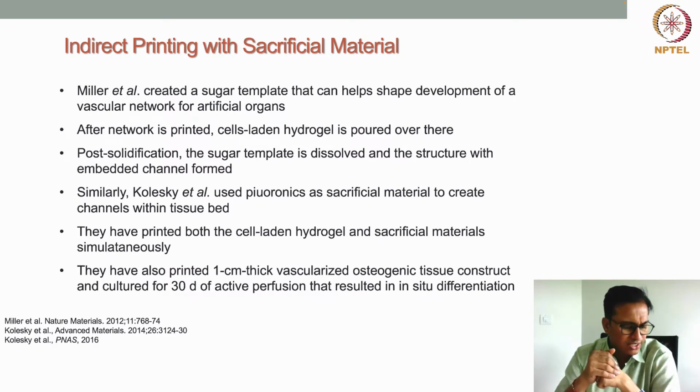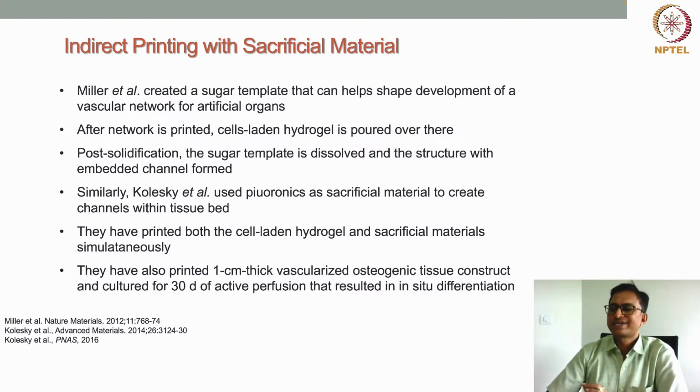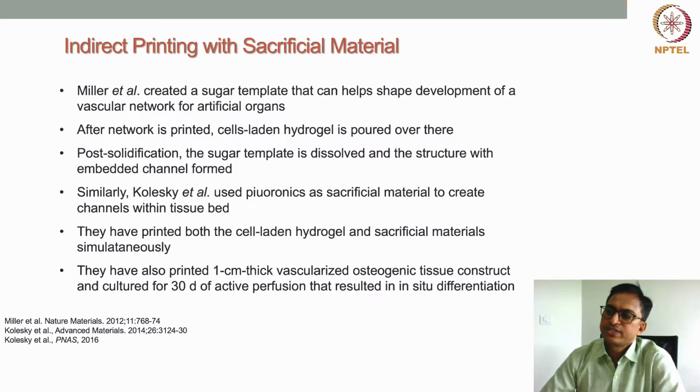Now we'll discuss another concept called indirect printing with sacrificial material. Till now we have seen how to generate blood vessels by direct 3D printing of the hydrogel material. Now we'll discuss how sacrificial materials can be used to generate these kinds of structures by indirect 3D printing.